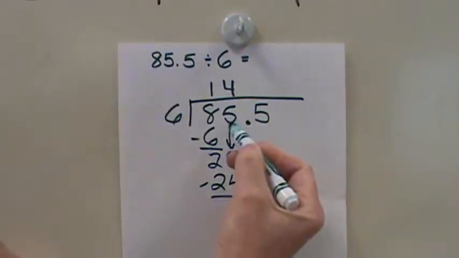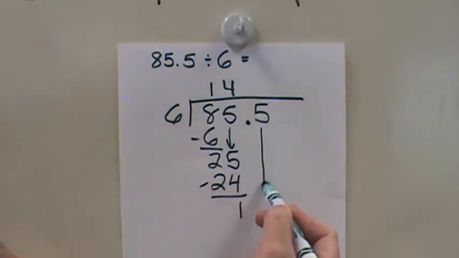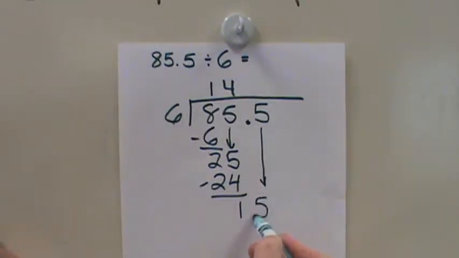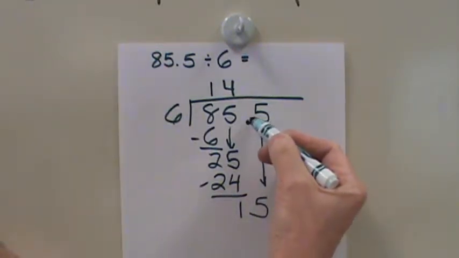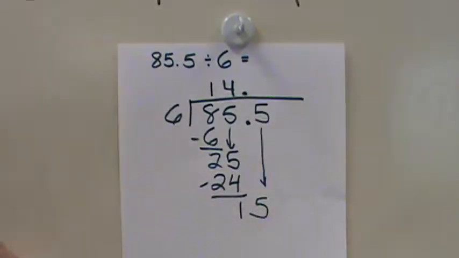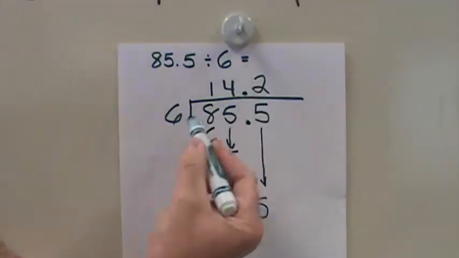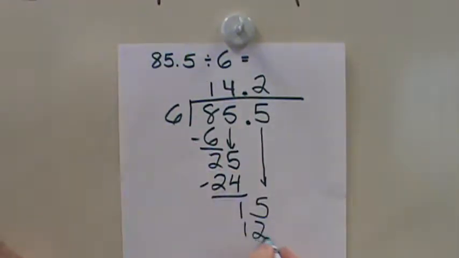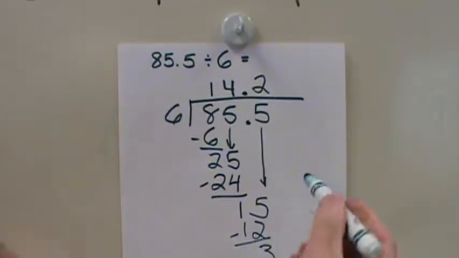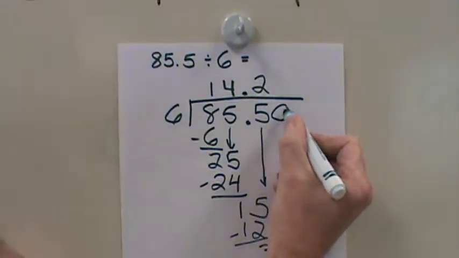Now we have our decimal point. We can bring down our 5 if we want right now, but we have to remember our decimal point, so we have to place that up here. Now we have 6 into 15. We'll go a total of 2 times. 2 times 6 is 12. Subtracting, you have 3. Uh-oh. This did not terminate. We don't know if it's repeating, but what we have to do is annex a 0.